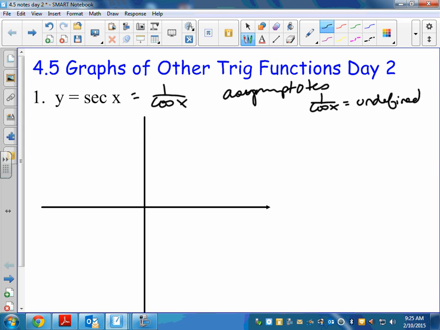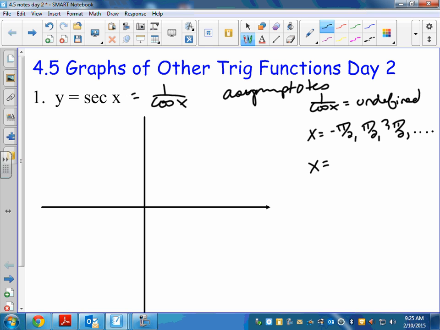So I'm going to have asymptotes at negative pi halves, and pi halves, and 3 pi halves, and so on and so forth. Just like tangent. Tangent and secant, they're buddies. They have the same asymptotes.